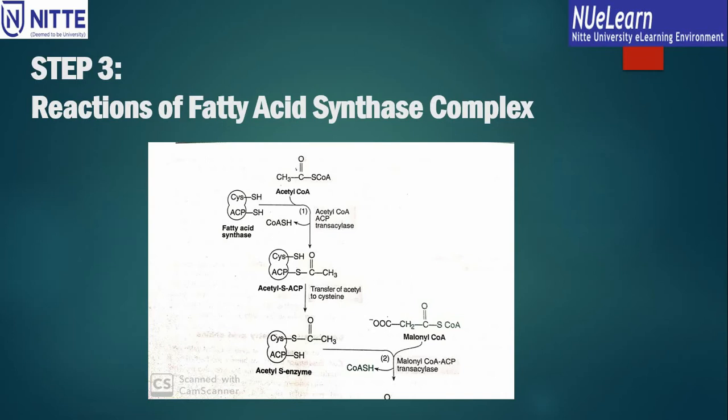Now we will start with the sequence of reactions which are taking place in the extra mitochondrial synthesis of fatty acids, which are the reactions of the fatty acid synthase complex. The first reaction is that the 2-carbon fragment of acetyl coenzyme A is transferred to the ACP residue of fatty acid synthase, catalyzed by the enzyme acetyl coenzyme A ACP transferase.